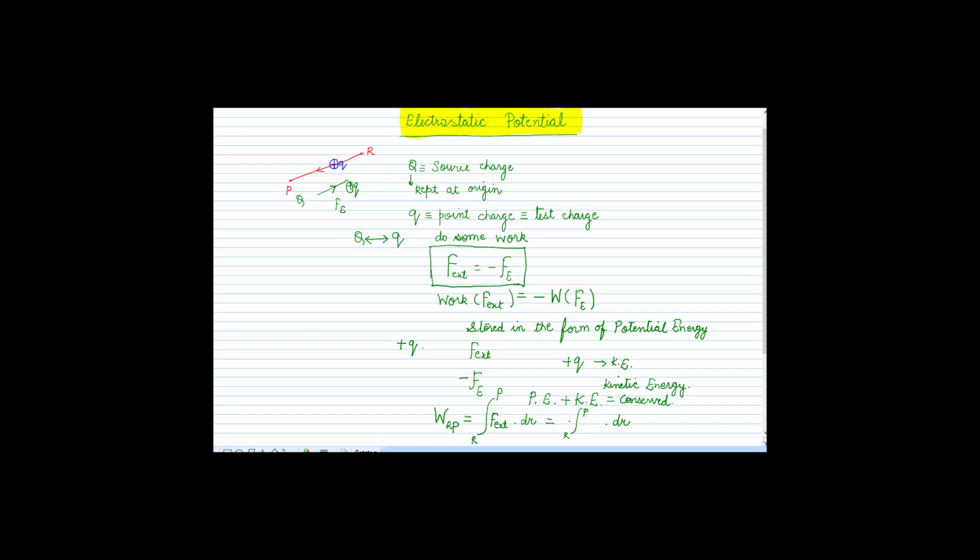So here we can write F external is equal to minus of electric force. So the work done is minus the integral from R to P of F_E dot dr.